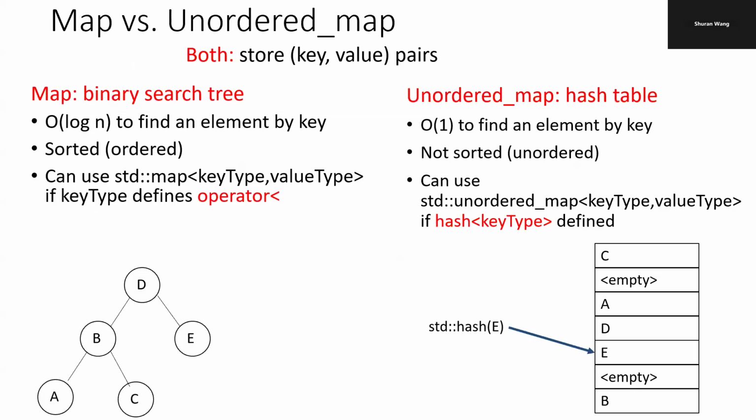And these are probably two really useful structures. From their names, one is ordered, one is unordered, but they are two different structures. Map is a binary search tree. Unordered map is implemented by a hash table. Everyone knows what hash tables are.